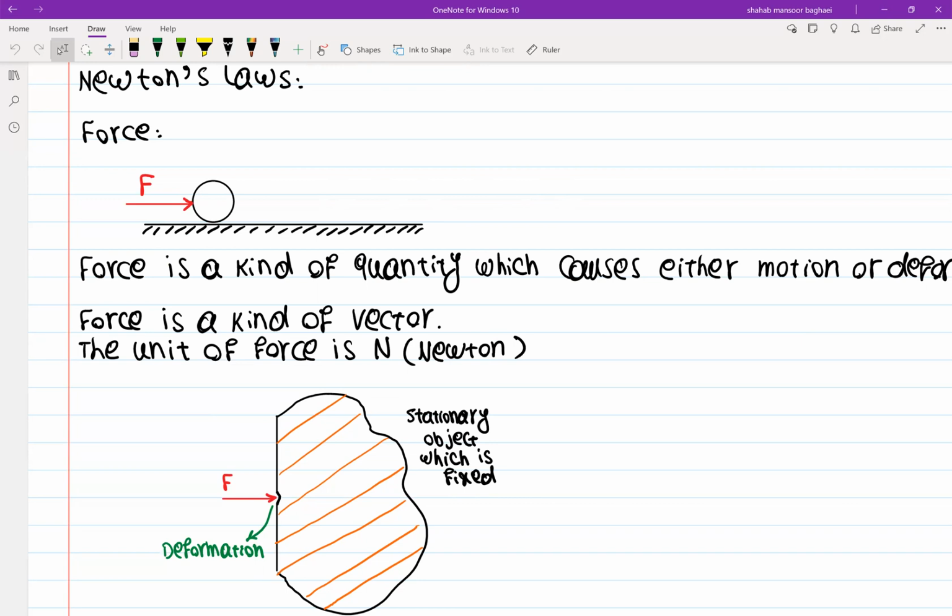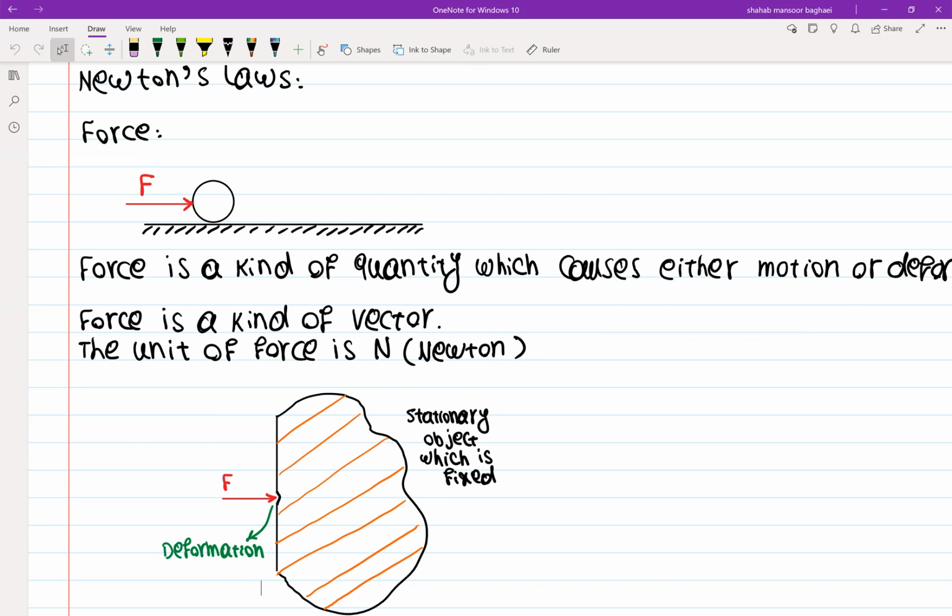Newton discovered some other laws except the laws of motion, but all of the laws of Newton are so important. Physics which is based on Newton's laws of motion and Newton's law of gravitation, I'll talk about it later, is called classical physics.